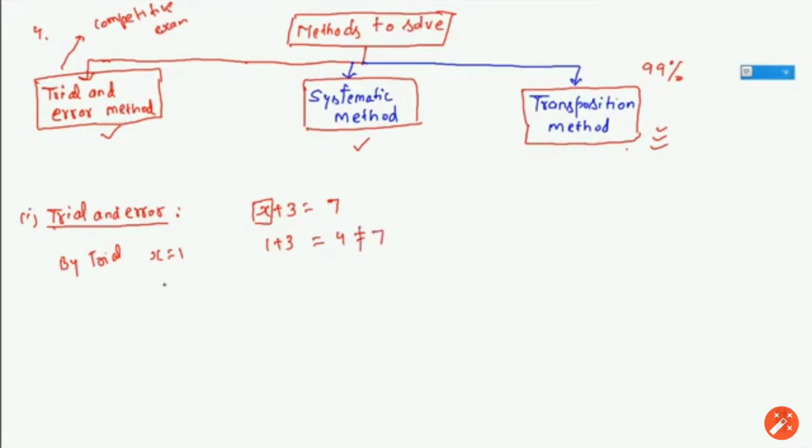This is not equal to 7. x is equal to 2, 2 plus 3, it is also not equal to 7. If we put x equal to 3, 3 plus 3, which is not equal to 7.